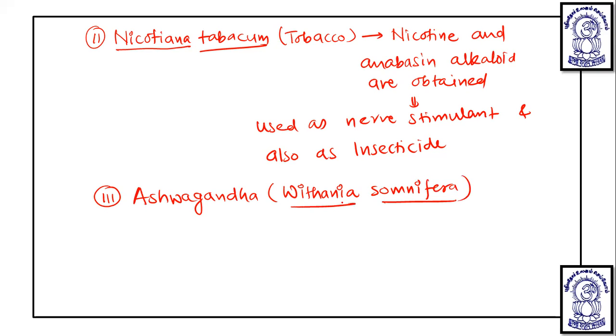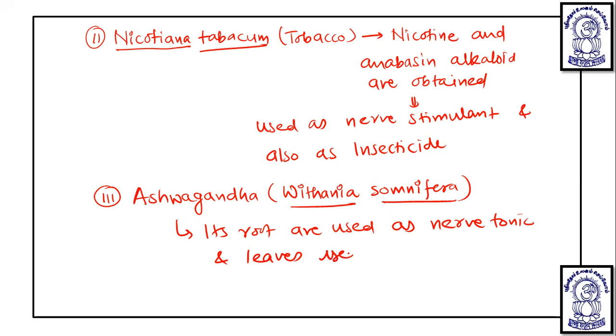And its roots are used as a nerve tonic and leaves are used in fever. So that is the important thing which is seen in the case of this Withania somnifera.